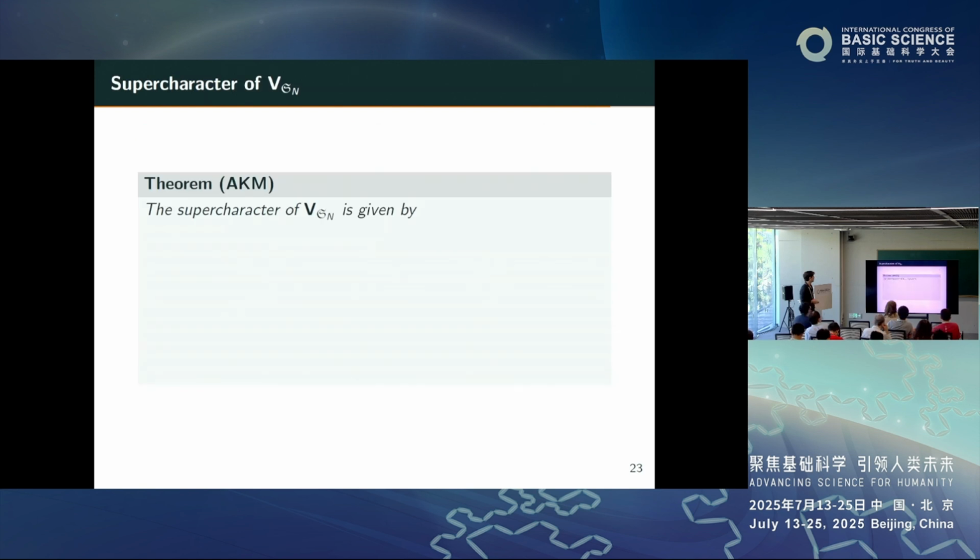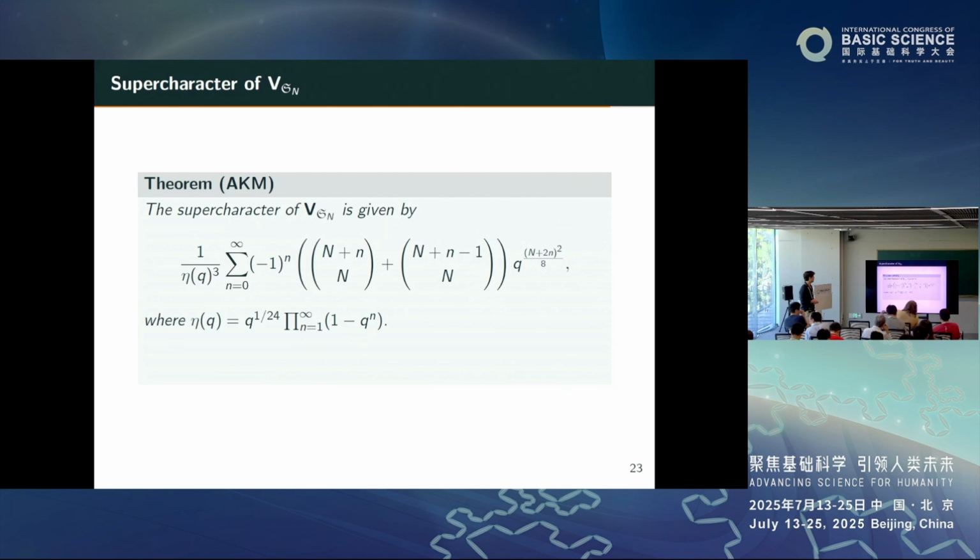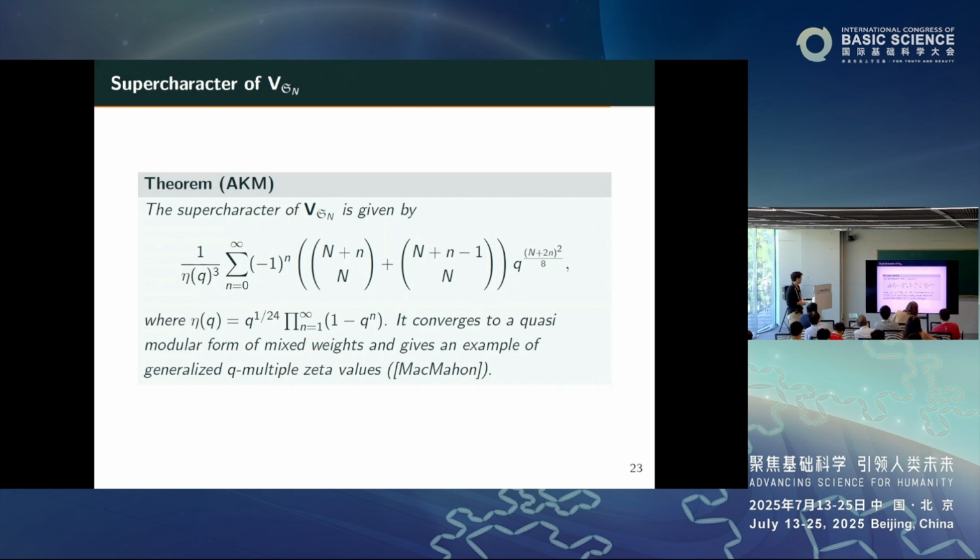And in this case, you can compute the character explicitly, and it's given by this formula. This is indeed a quasi-modular form of mixed weights, and it coincides with the generalized q-multiple zeta values introduced by Mellit. So this vertex algebra has some interesting character.